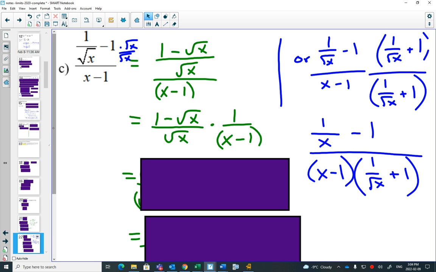And if you're trying, I guess, as a challenge, if this was graphed, it would have a hole. Can you tell me where that hole would be? So you still have to rationalize that top one. Rationalize the numerator.